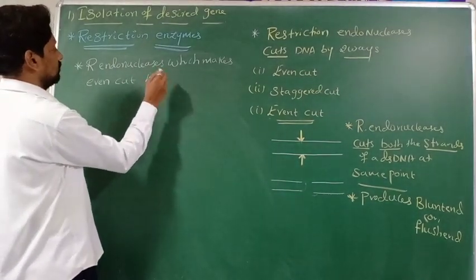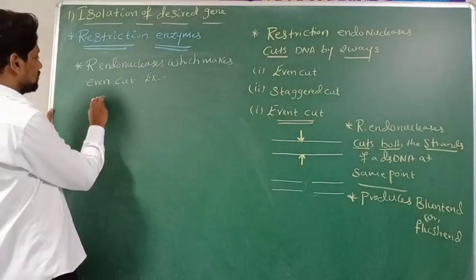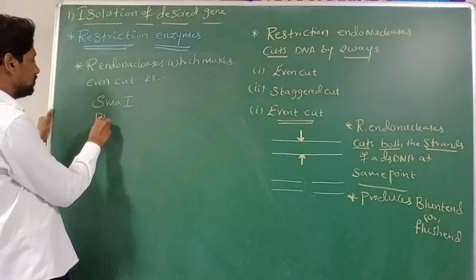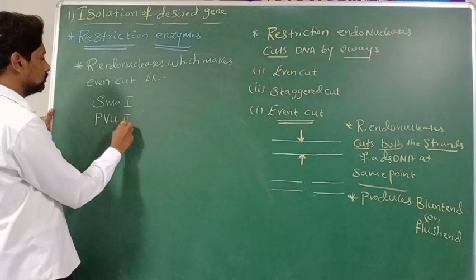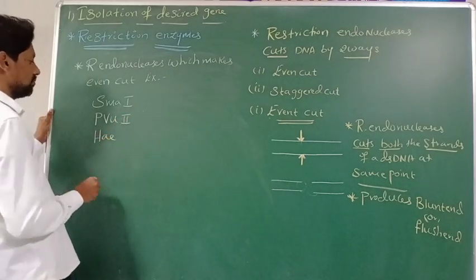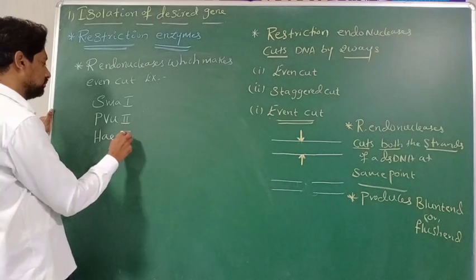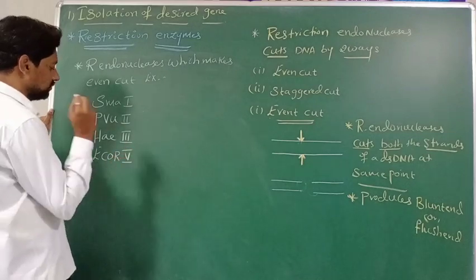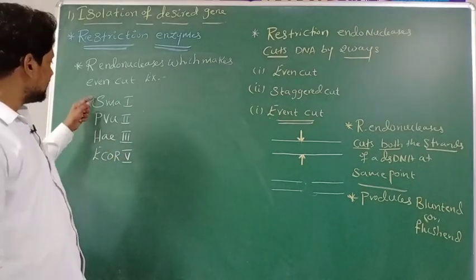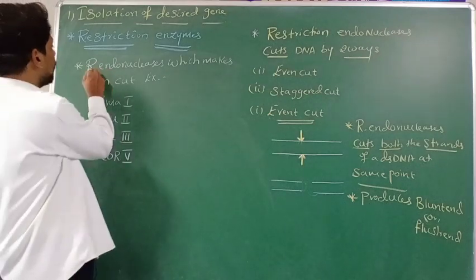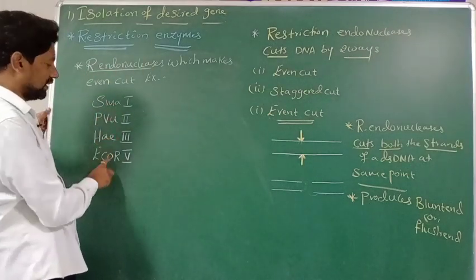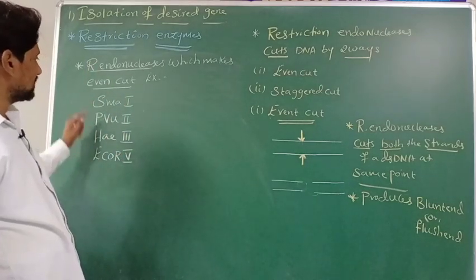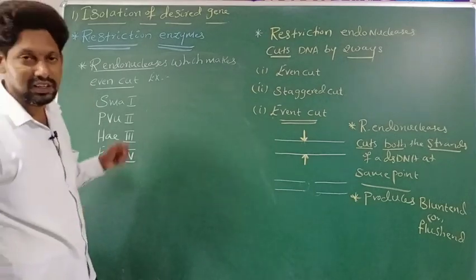Examples I am writing: number 1, SmaI, next one, PvuII, next, HaeIII, next, EcoRV. These are restriction endonucleases which make an even cut. Is this statement okay?